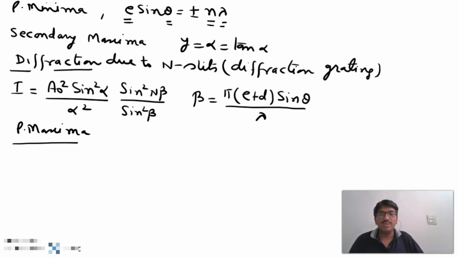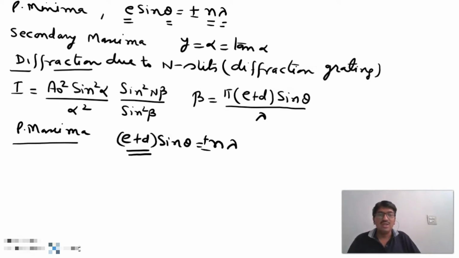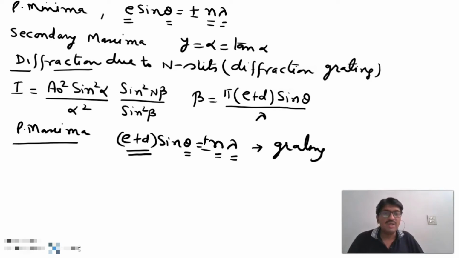The condition of principal maxima is (e plus d) sine theta equal to plus minus n lambda, where e plus d is known as the grating element, theta is the angle of diffraction, n is the order number, and lambda is the wavelength. This equation is also known as the diffraction grating equation.